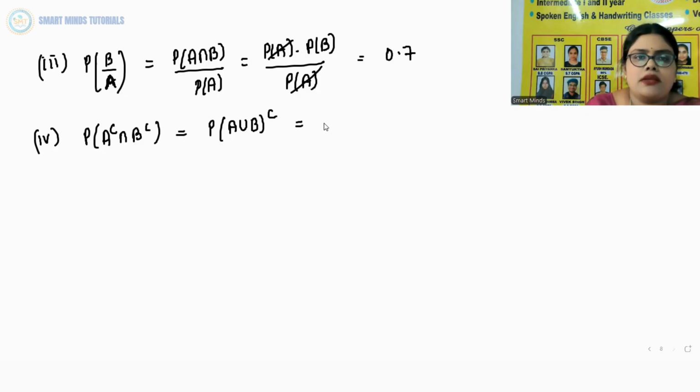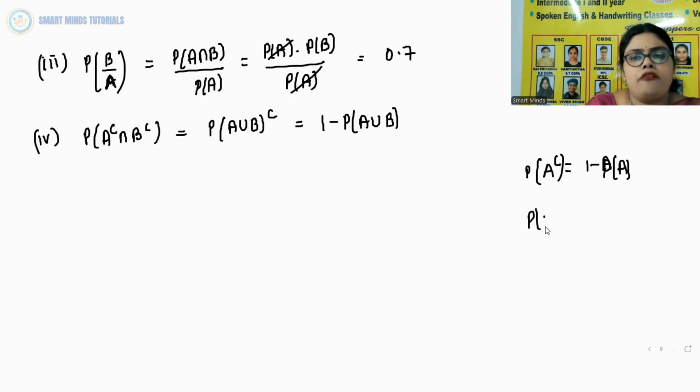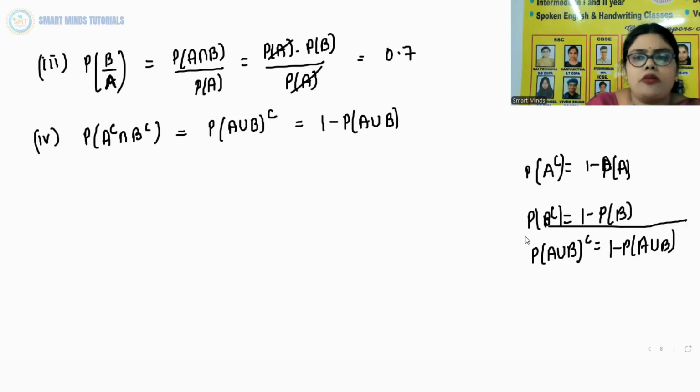So that is 1 minus P of A union B. See, whenever you want to find A complement, it is 1 minus A. P of A complement is 1 minus P of A. P of B complement is 1 minus P of B. Same way, P of A union B complement is 1 minus P of A union B. This formula I am using now. So that is 1 minus P of A union B.